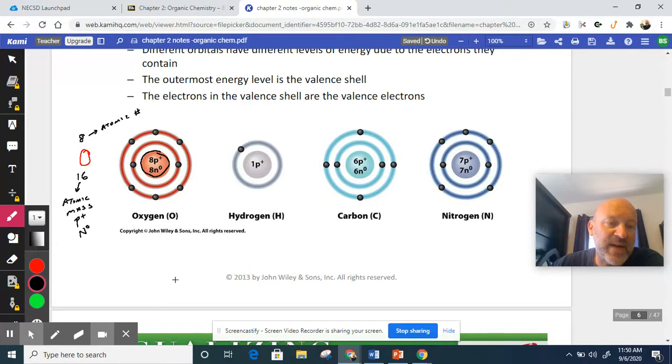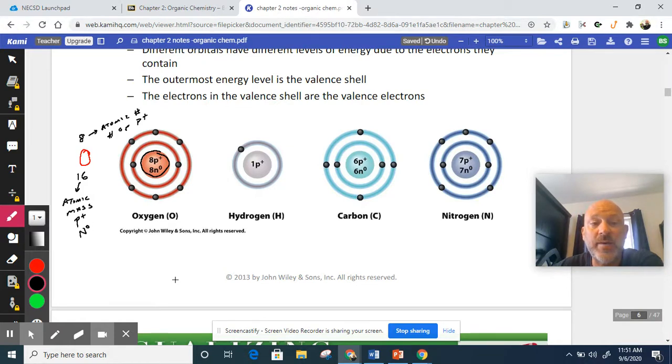This number at the top tells us how many of those 16 particles are going to be protons. So the atomic number is the number of protons. So out of the 16 particles in the nucleus, 8 of them are protons. So if you subtract 8 from 16, that leaves 8 of them to be neutrons. And of course, as I said before, all these atoms are neutral.